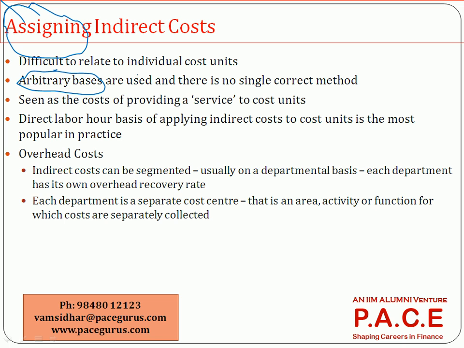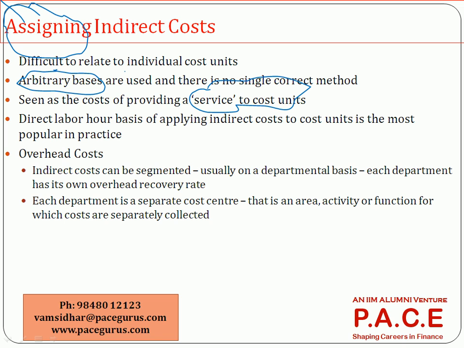if you are talking about any other indirect costs, if I look at it as a service that is being provided to cost units, how much is the worth of the service and how do I divide that service cost across the number of units?